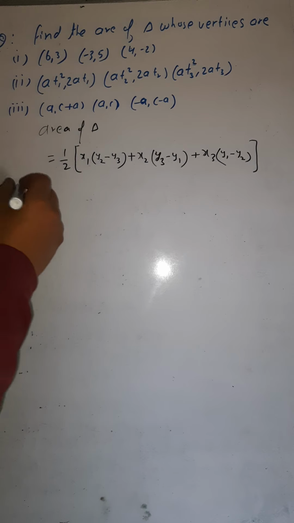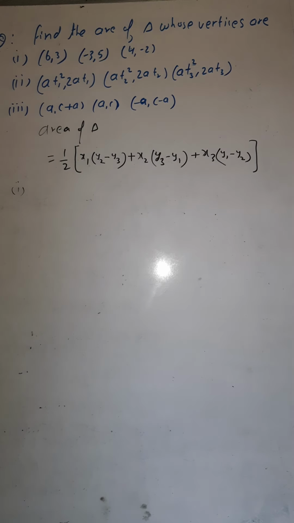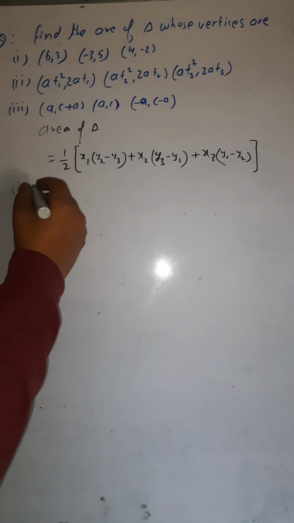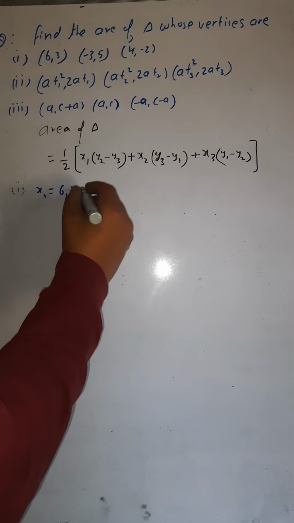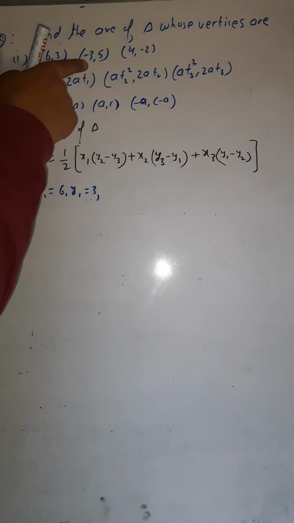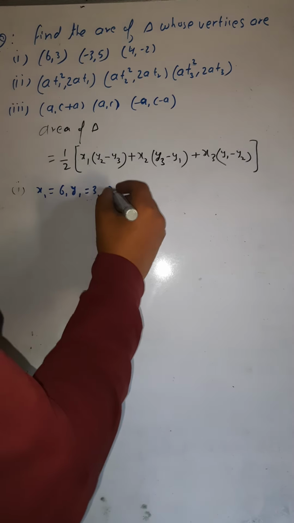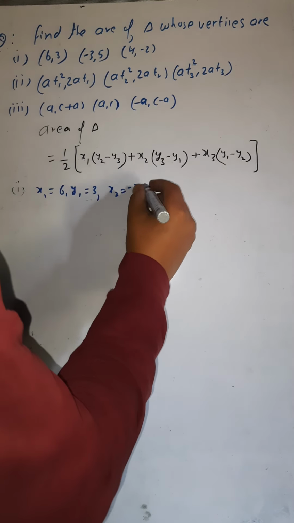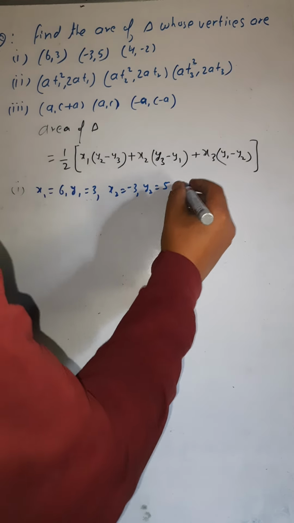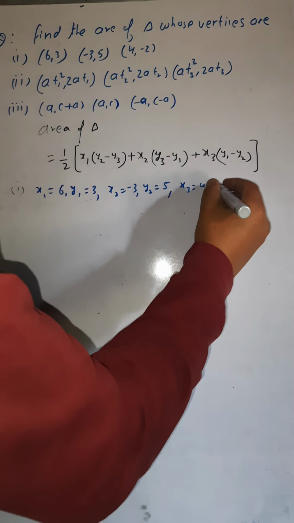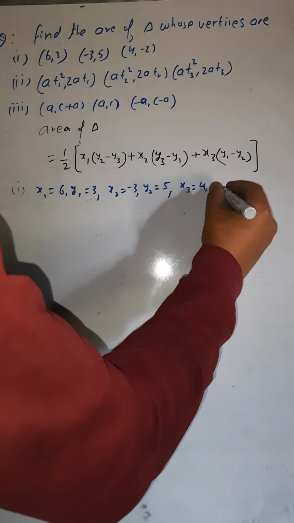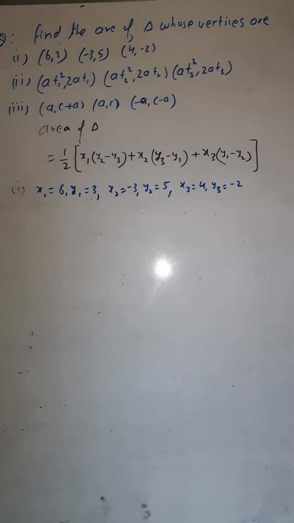Let's write all the values first. x1 is 6 and y1 is 3. x2 is minus 3 and y2 is 5. Similarly x3 is 4 and y3 is minus 2. These are the different values which have been given to you.